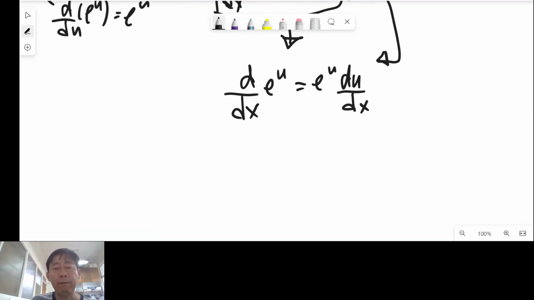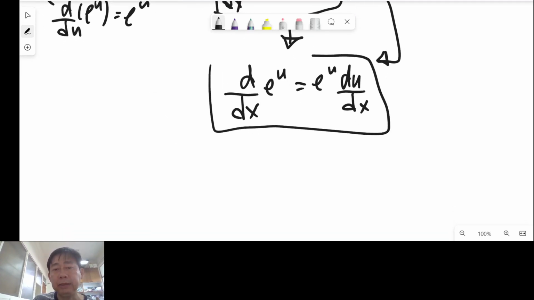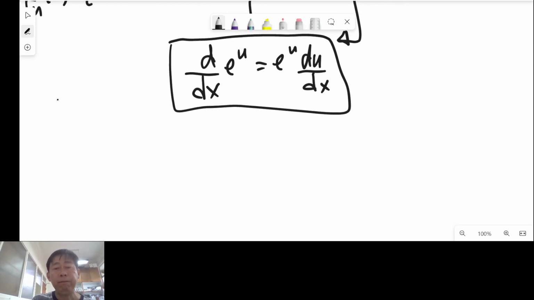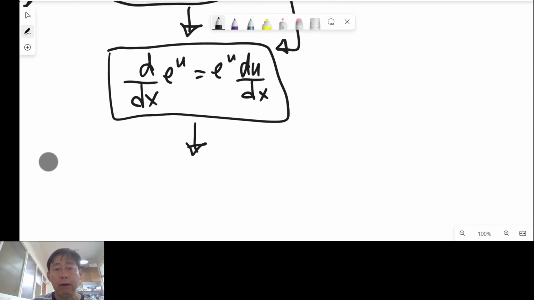Now, once we have obtained the generalized differentiation of the exponential function e^u, we proceed to obtain the integration version of this equation. I have mentioned this earlier in other parts.